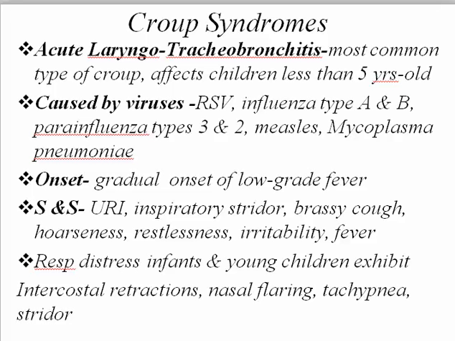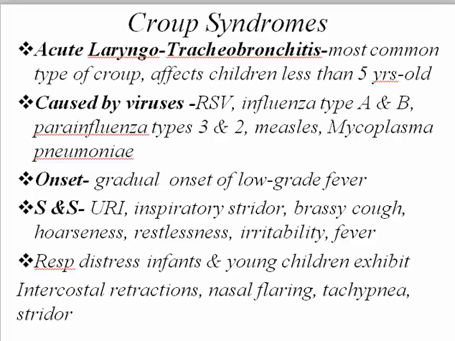Examples of the viruses that can cause acute laryngotracheal bronchitis are RSV, or respiratory syncytial virus, influenza types A and B, parainfluenza types 3 and 2, measles, and Mycoplasma pneumoniae. Those are some of the common causes.